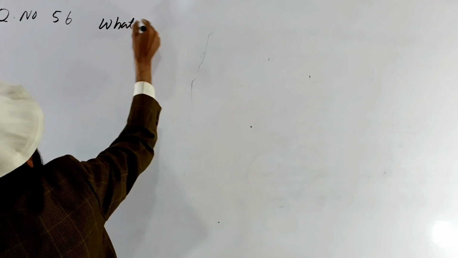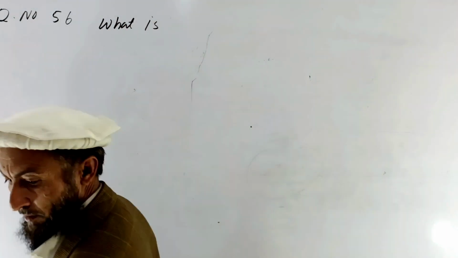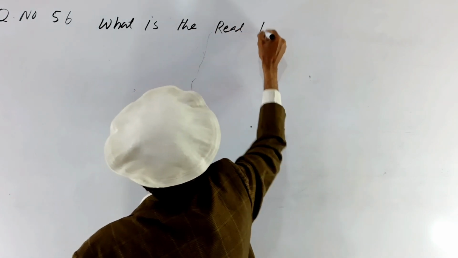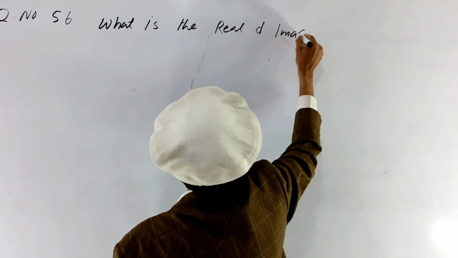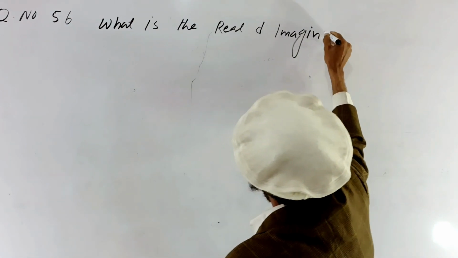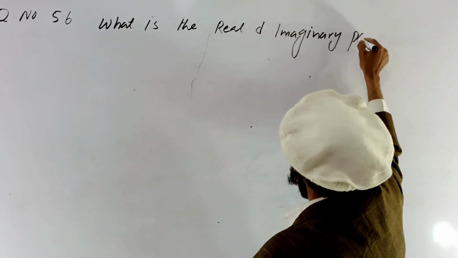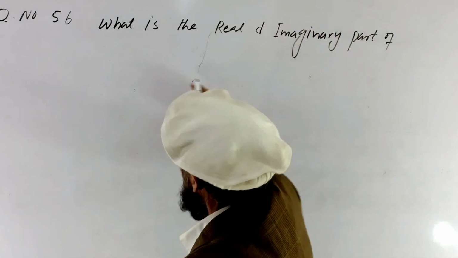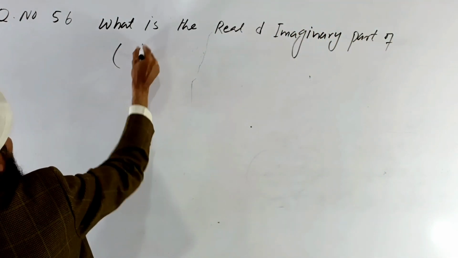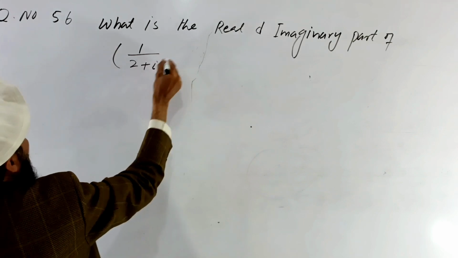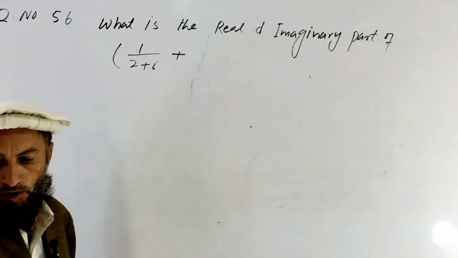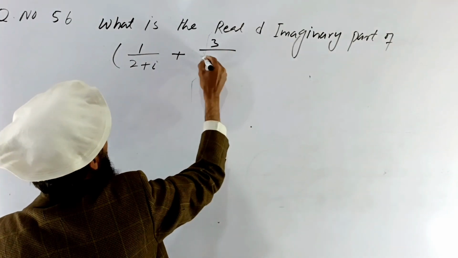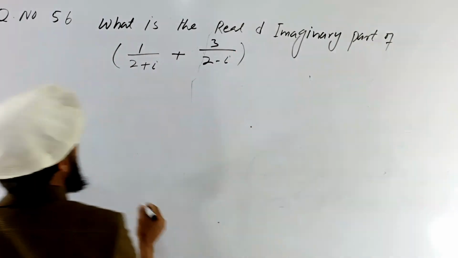56. What is the imaginary part of 1 divided by 2 plus iota plus 3 divided by 2 minus iota?